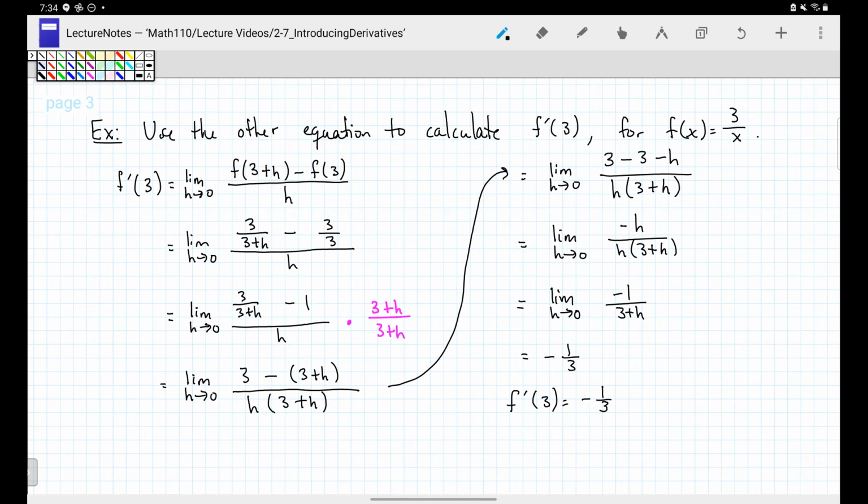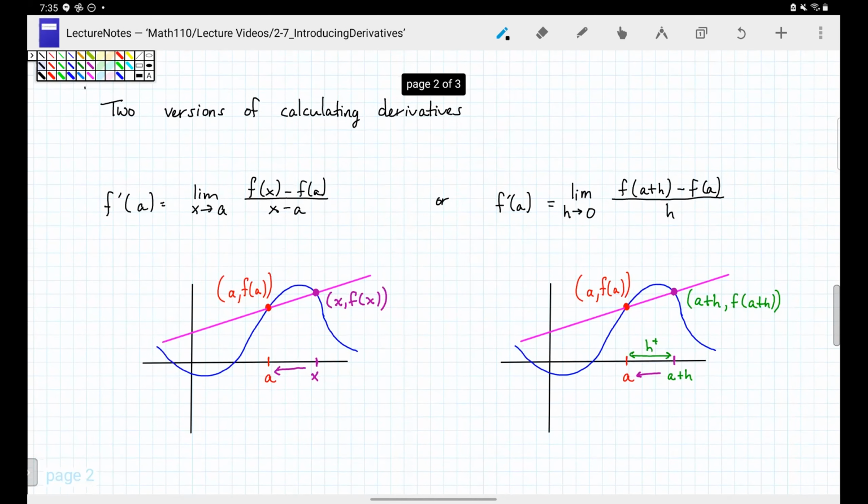But they're both doing exactly the same thing. It's just that in one case we call this nearby point x, and in the other case we call this nearby point a plus h. When we call it x, we're taking a limit as x approaches a. When we call it a plus h, it's saying it's a plus a little bit, and we're taking a limit as that little bit goes to 0.